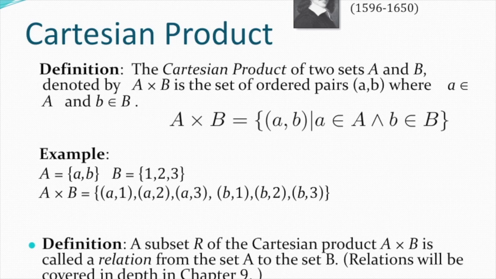The final operation of sets, which is very important to focus on, is the Cartesian product. What do we mean by Cartesian product? The Cartesian product of two sets, A and B capital, denoted by A multiplied by B, is the set of ordered pairs (a, b), where a belongs to A capital and b belongs to B capital.